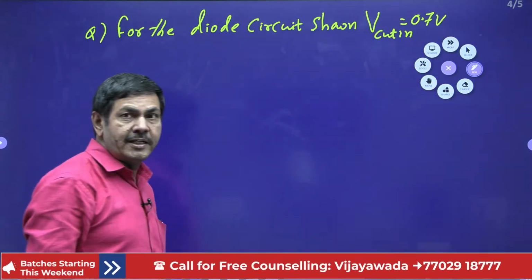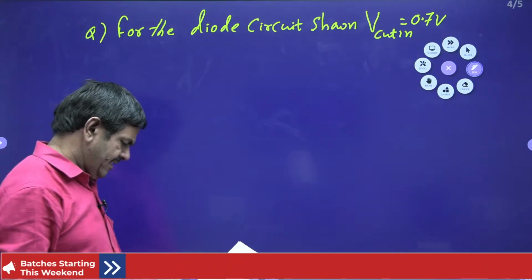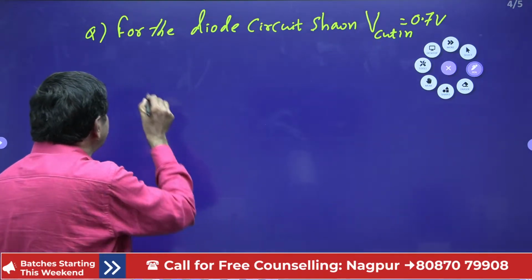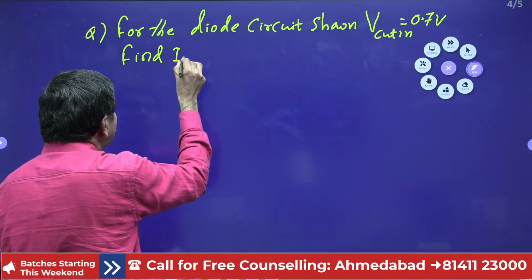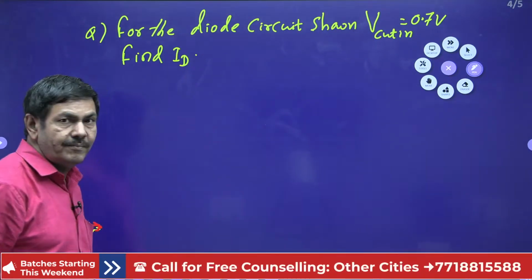Cut-in voltage across the diode is given here. Find ID, which is asking to measure the current through the diode.